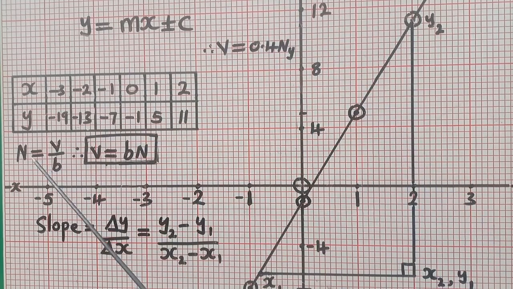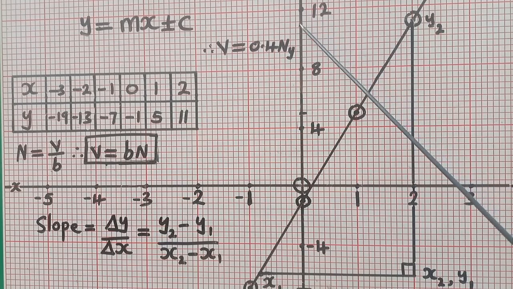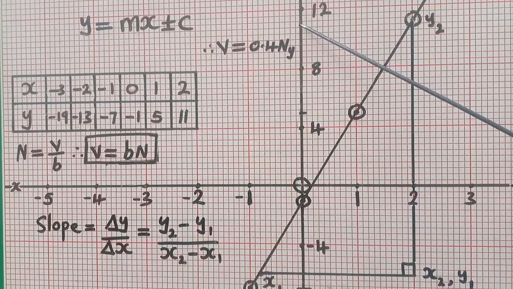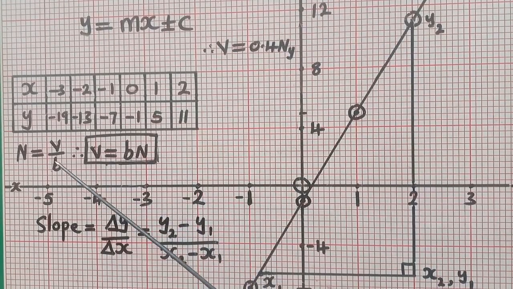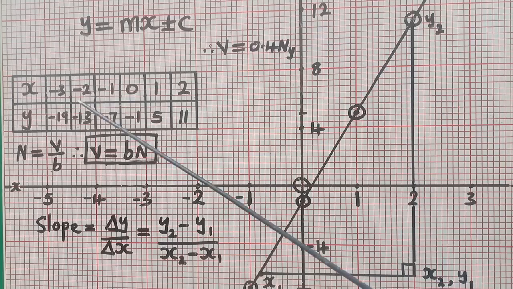At this point in time, with these three variables, and with respect to this point, which of them is missing? The b is not missing. The b for the vertical axis still remains 0.4. What about this n? n is not missing because we can count from here to this point and tell how many boxes there are, which means this is known and this is known. What we don't know, therefore, is the value of y at this point, which means v is now going to become our subject.